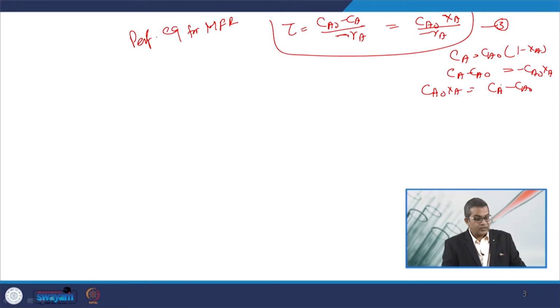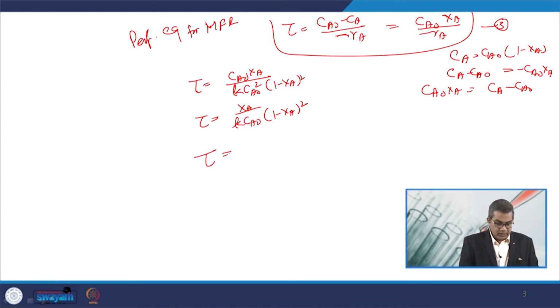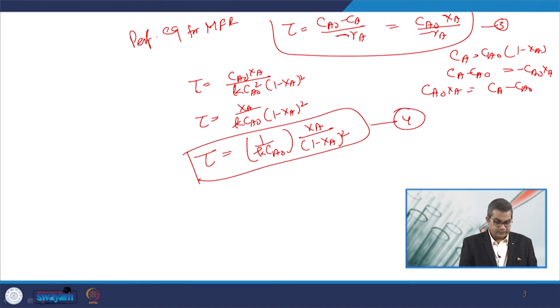So from equation 3 and 1, we have tau equal to Ca naught Xa upon K Ca naught squared into 1 minus Xa squared, so tau is equal to Xa upon K Ca naught into 1 minus Xa squared. If we take all the things into consideration, then we may write Xa upon 1 minus Xa squared. That is my equation number 4.